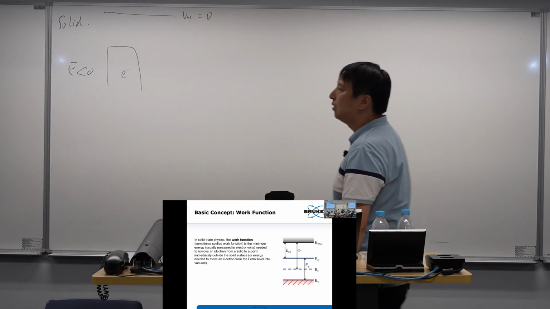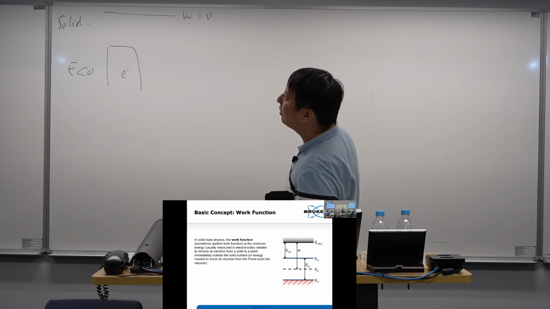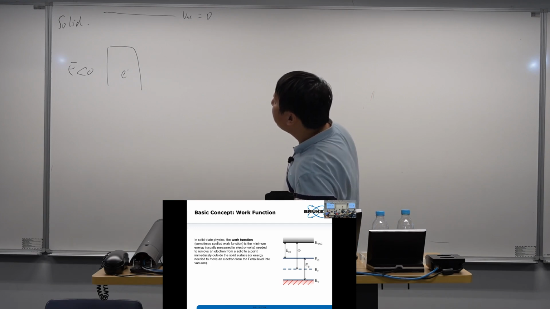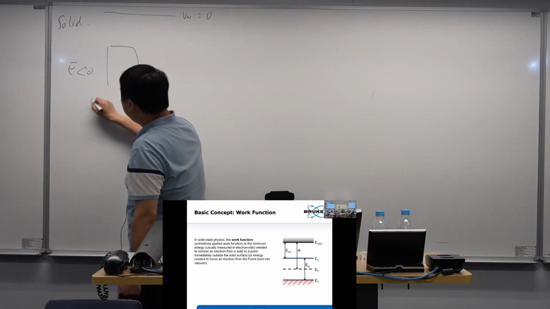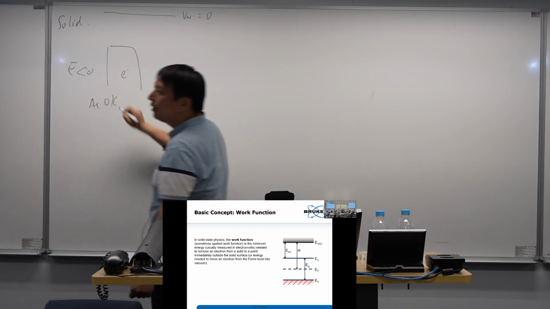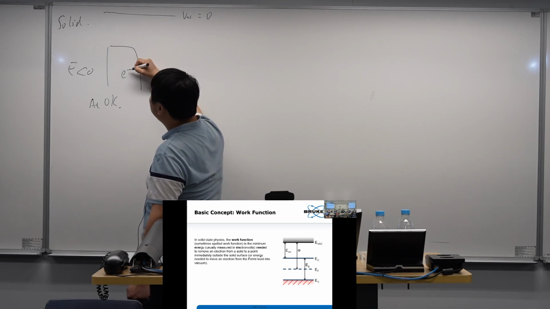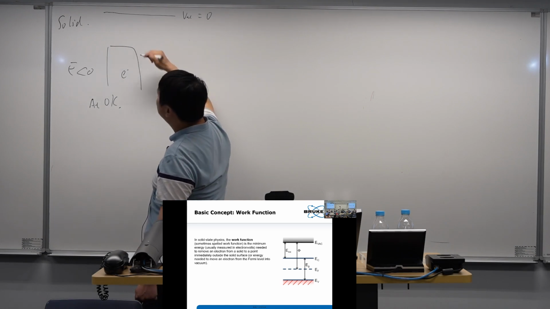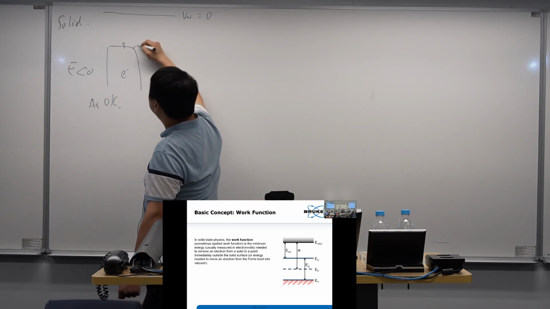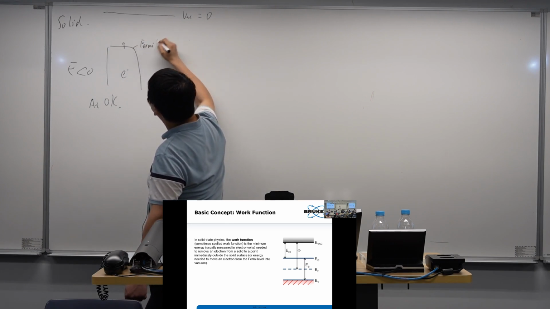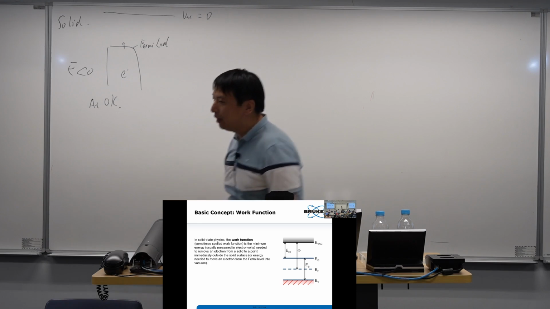That's the basic principle. And then at 0 K, the highest level occupied by electrons, we call this level the Fermi level.